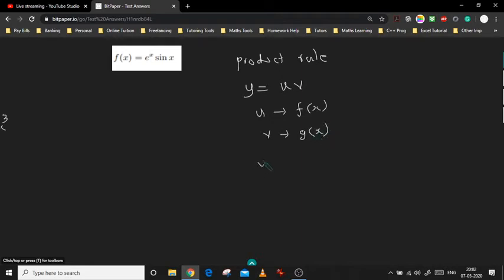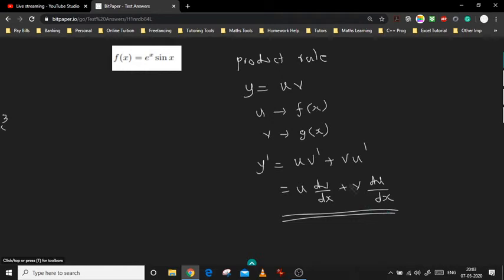So therefore y dash, that is the differentiation of y, is given by uv dash plus vu dash, where v dash is the differentiation of v with respect to x, and u dash is the differentiation of u with respect to x. Okay, so this is the formula we have to utilize whenever we have to differentiate the product of two functions.